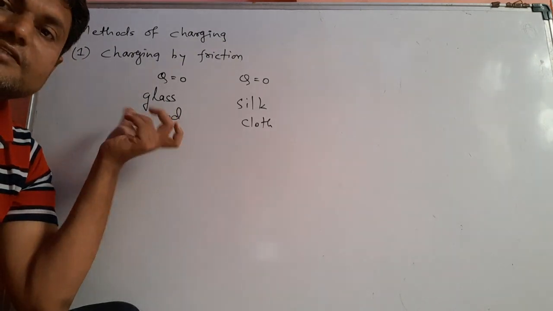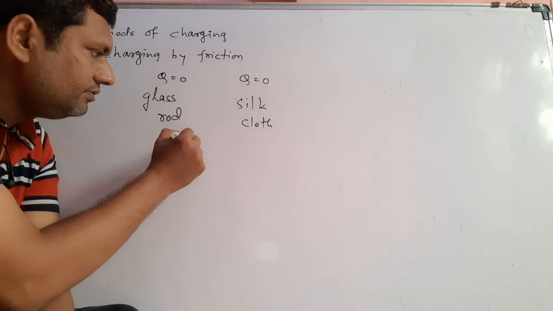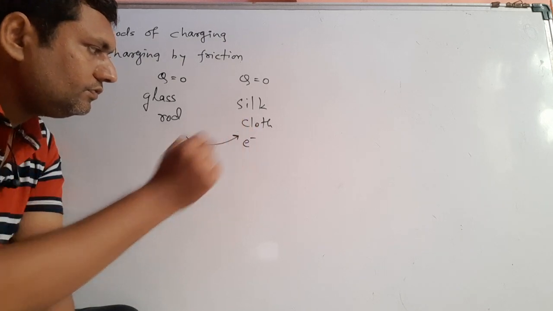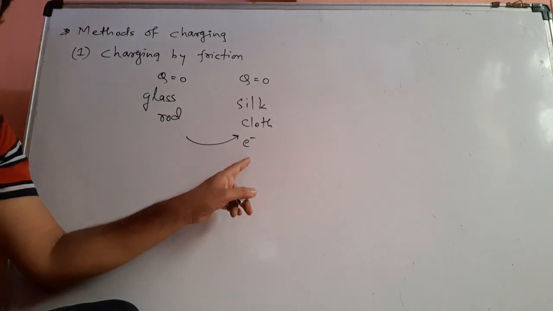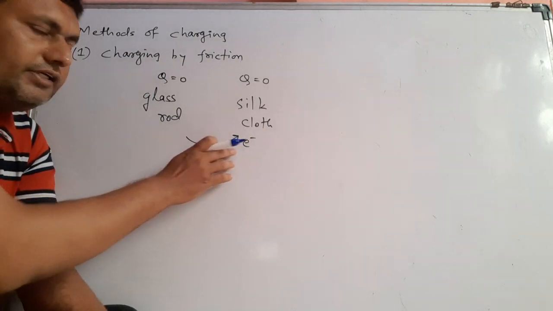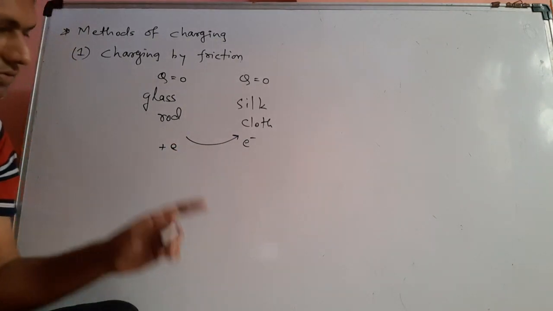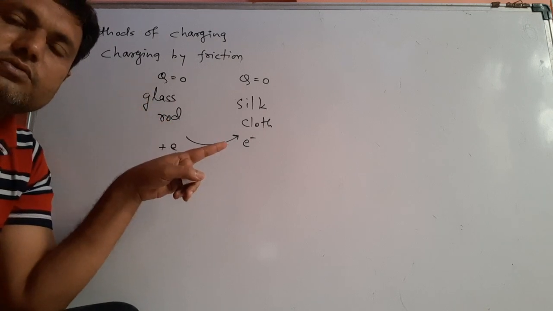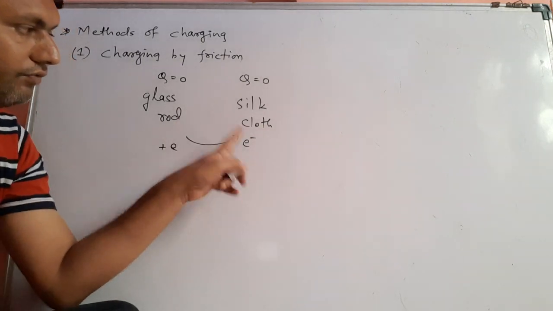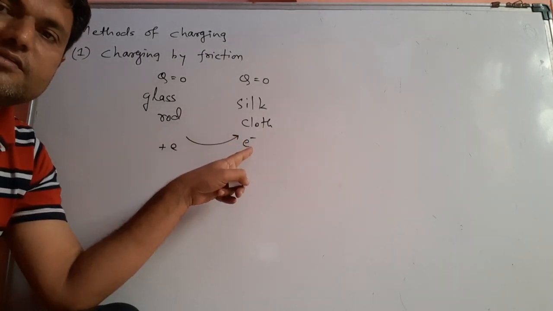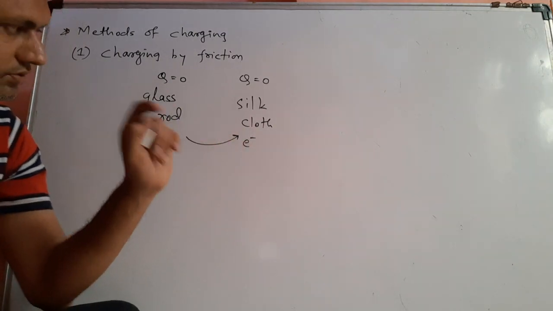So the glass rod loses electrons, and these electrons get transferred to the silk cloth. Here the glass rod loses negative charge, so it becomes positively charged, leaving the positive charge behind, and negative charge on the silk cloth increases. So we can say that the silk cloth becomes negatively charged.